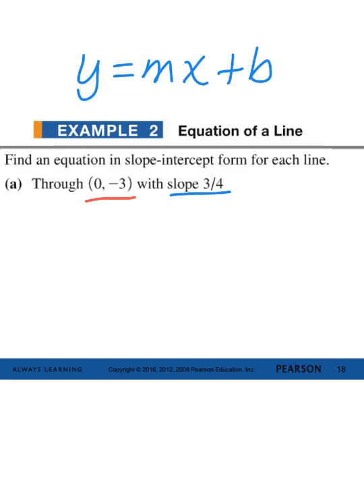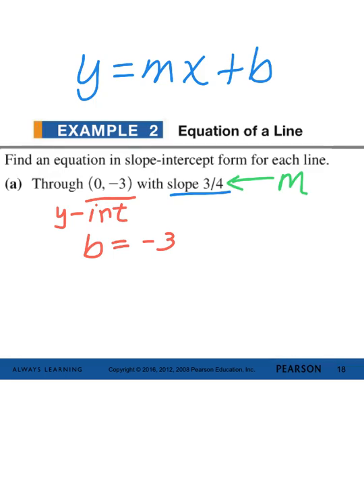And what that slope of 3/4 tells us is that that's the value of m. And what that (0, -3) tells us, this is a y-intercept. And that tells us then that b is equal to -3. That's going to be where it crosses the y-axis.